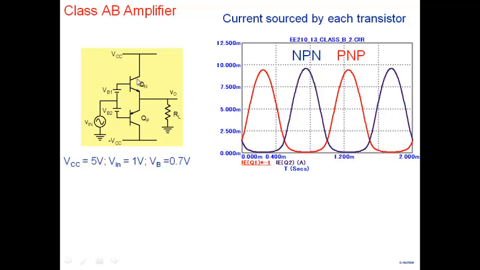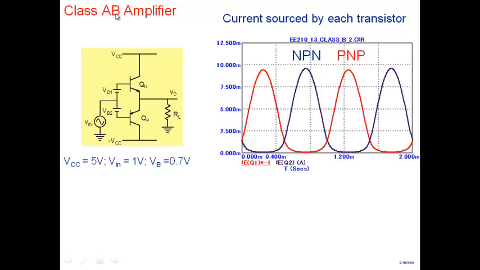So I'm showing that by drawing the current flowing through the NPN and the PNP. Note that this is the current flowing through the NPN. The red one is the NPN current here, and the blue one is the PNP current here, or either one of them. It doesn't really matter. Now, class B means what?